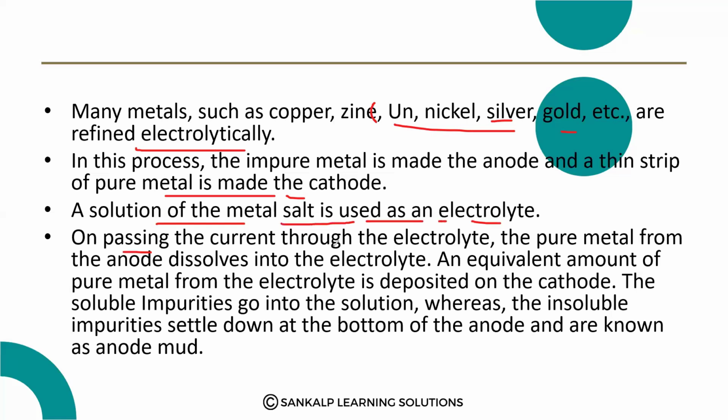On passing the current through the electrolyte, the pure metal from the anode dissolves into the electrolyte and an equivalent amount of pure metal from the electrolyte is deposited on the cathode. The soluble impurities go into the solution whereas the insoluble impurities settle down at the bottom of the anode and are known as anode mud. So this is the electrolytic refining of the metal. One of the important questions, please note this down.